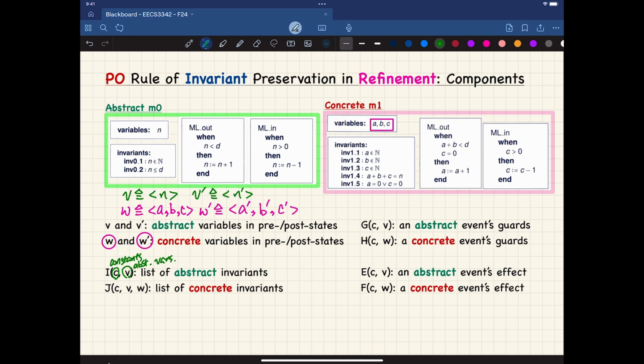Versus the C here, which is also the constants. That's the same. Let me use the same color quickly. So here is also the constants. This is the abstract variables, and this one here is the concrete variables.